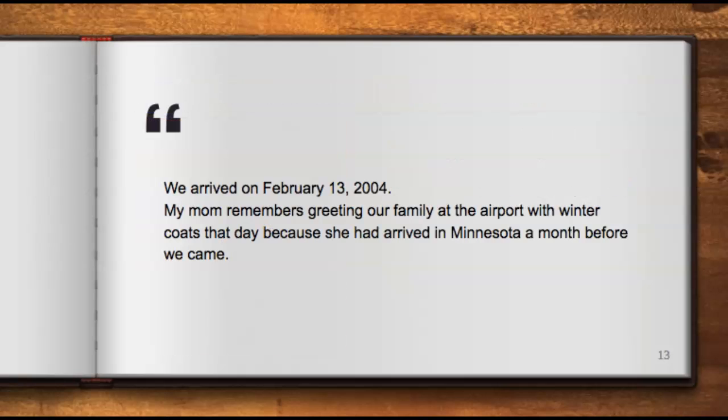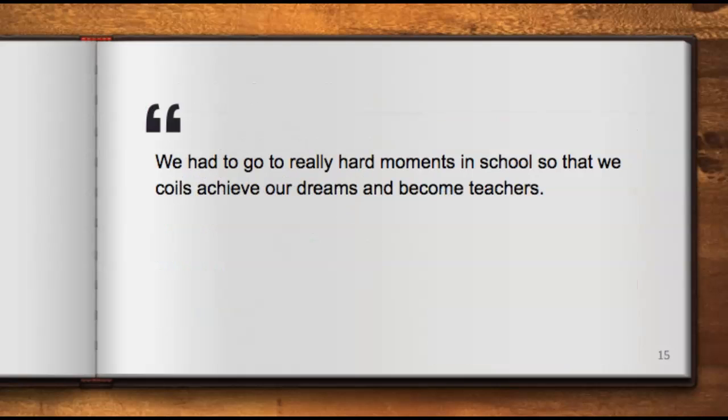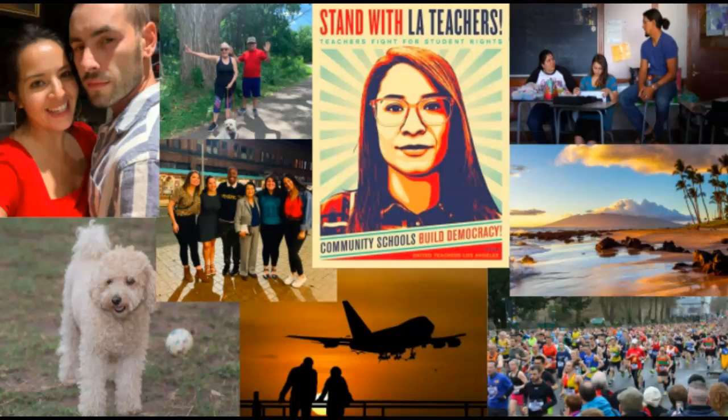We have this additional information that my mom shared with me. We have this bit about graduating from college as a second important event in my life. Then we have additional little information, and as you can see, it's not long, it's just a sentence. And then last but not least, we have my collage about my future hopes and dreams.